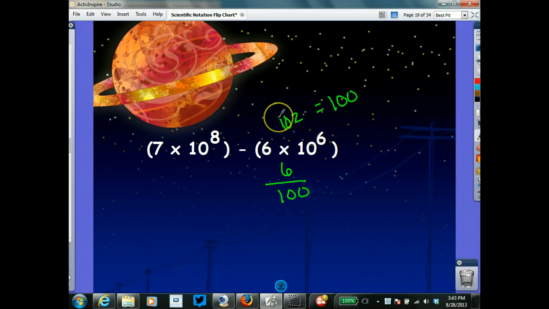Again, I just think of it as in tens. 10 squared, 100. So 6 divided by 100 gives me 0.06. What that has done is changed the second one to 0.06 times 10 to the 8th.